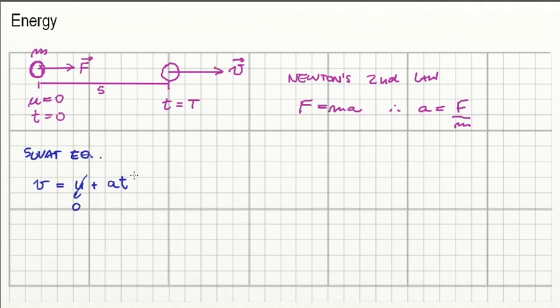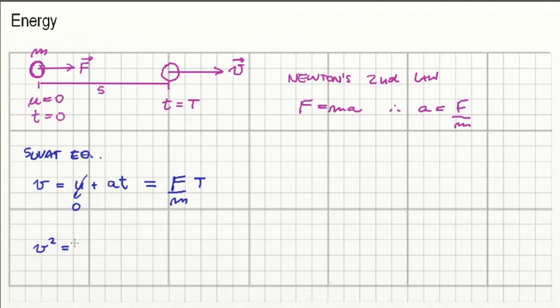We're trying to find this final velocity, so time will be equal to capital T. So all of that will become force divided by mass, that's our acceleration, multiplied by capital T. That's our final speed.